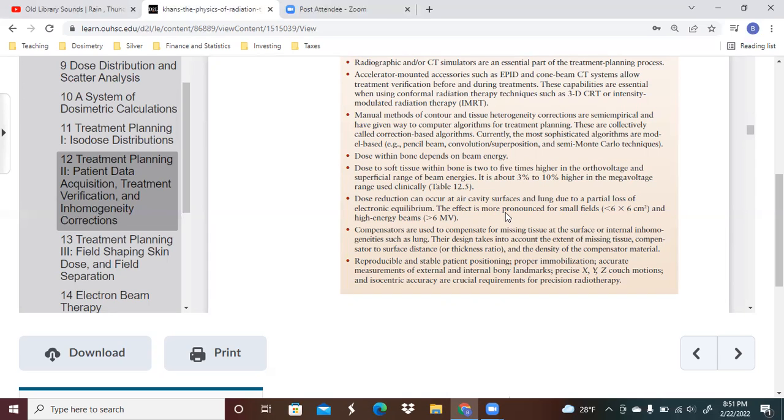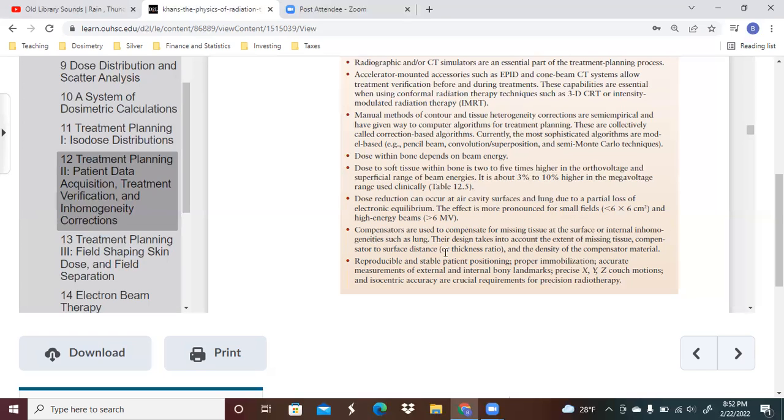And so the electronic equilibrium, meaning that you gain an electron for every one that you lose as far as scatter goes, can hold whenever the medium doesn't change very much. But when you get into an air cavity or you're adjacent to an air cavity, that assumption is no longer valid. The most prominent effects are for small fields, as you might imagine, and high energy beams.